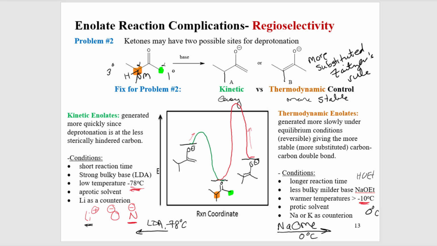And that is a very clear signal to you. That's your blinking sign that says, oh, she wants me to make an enolate. Oh, she wants me to make the kinetic enolate. Or, oh, she wants me to make the thermodynamic enolate. So now you have control, okay? So that's how we're going to distinguish between going after the kinetic versus the thermodynamic enolate.